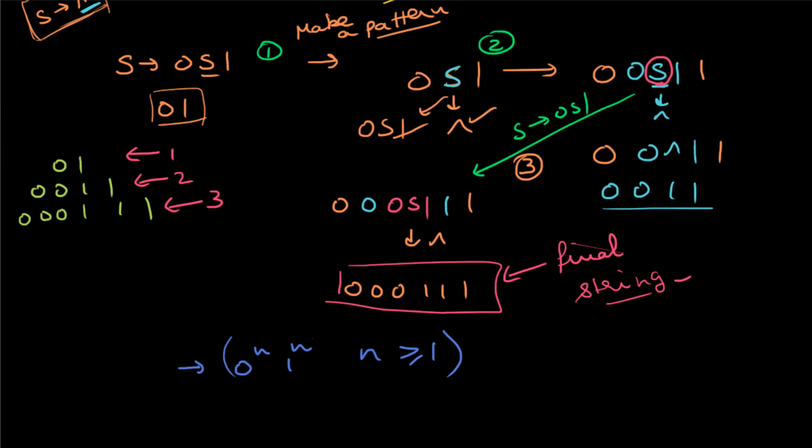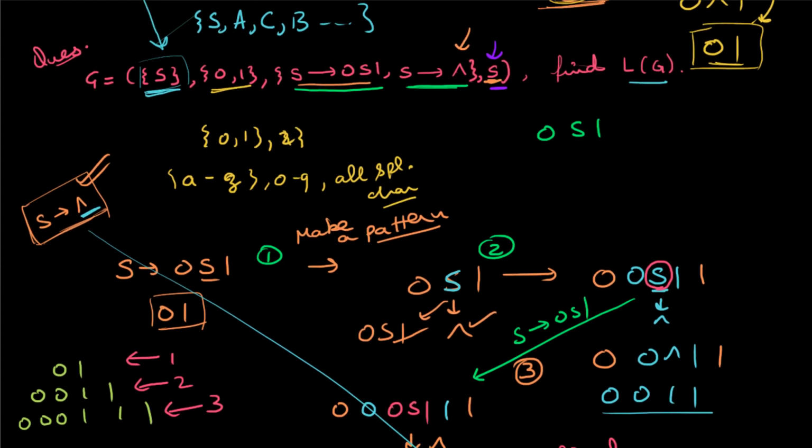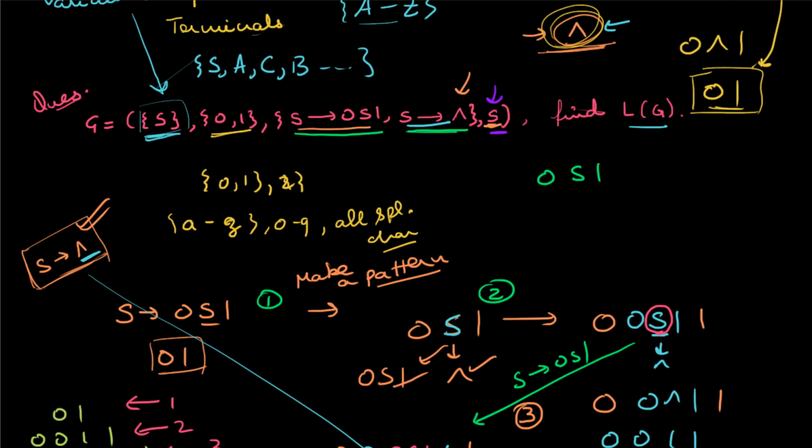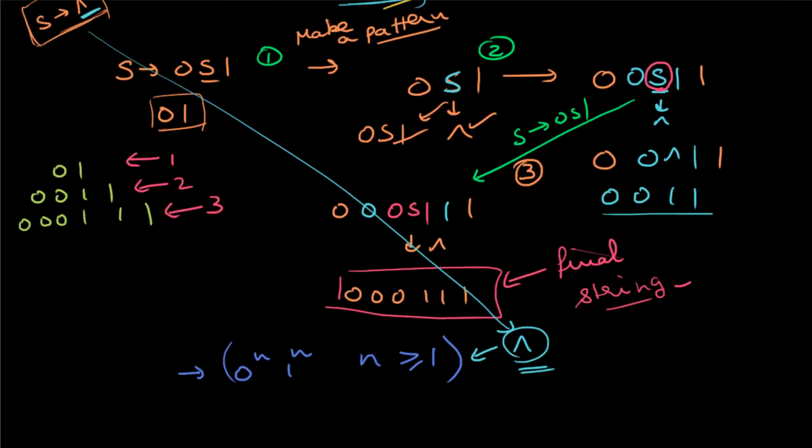Now this is the place where I would consider the null which was present. Now why do we consider null? Since S could go to null, and null is a terminal because we have said that all special characters are terminals.